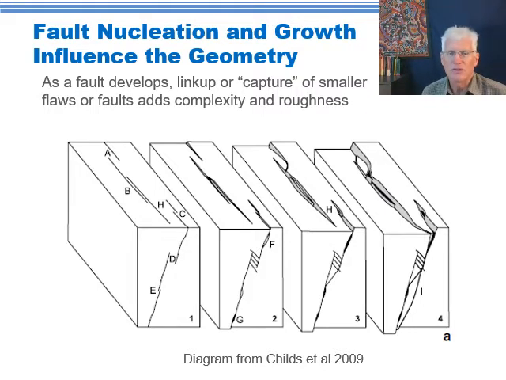But the main thing is that there'll be a lot of complexity that comes from the initial geometry of where the starting fractures and faults are. And as the fault continues to grow, of course, this process goes on, linking together other faults of similar size or smaller or larger.